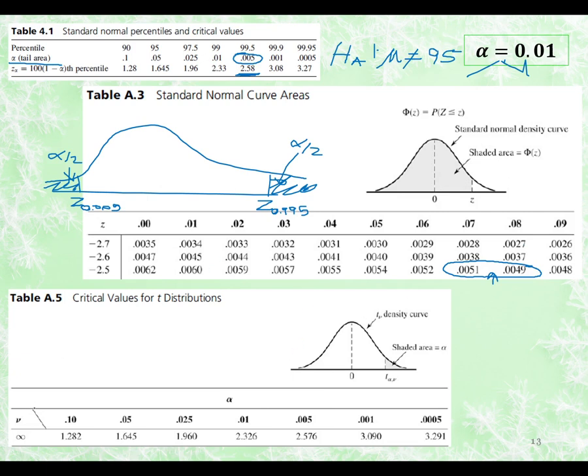Or you could have gone to the last row of your t tables. Remember, the t distribution with infinite degrees of freedom is actually the same as the standard normal distribution. So we could have used the t tables as well to find this value for the standard normal distribution, looking at a tail end of 0.005, and there we actually get the best value to 3 decimal places, 2.576.